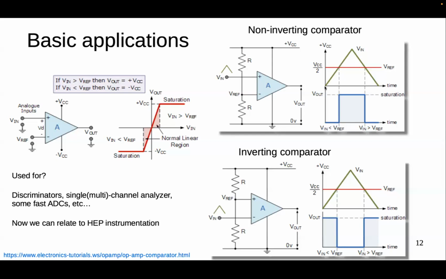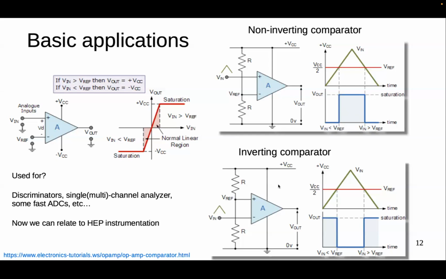Every time the voltage in the input is lower than this half of the power source voltage, the output will be 0. And every time it crosses over this reference voltage, VCC/2, we will have the saturation level, which is VCC, this voltage here. So this is a comparator.